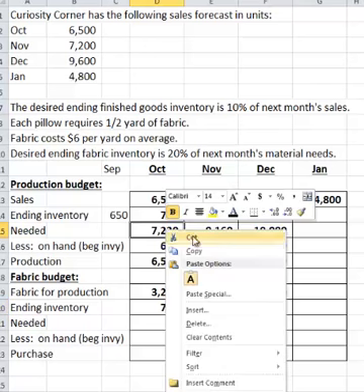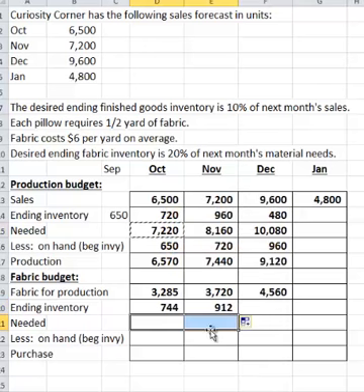All right, and we can use our same formula here. What we need is the fabric for production plus the cushion. And what do we have on hand? So they don't tell us the raw material that we're starting with, but they could. So if they don't tell you, you must presume that the ending from the prior month is what you plan to have. What would the ending for September be? It should be 20%.